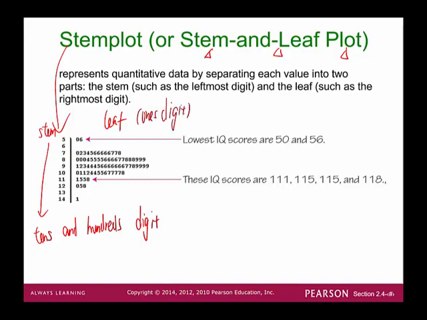For the IQ score data set, it's very convenient to use a stem plot. As you can see, for the first category, you have 50 and 56, the lowest IQ scores. The highest IQ score in this case will be 141.